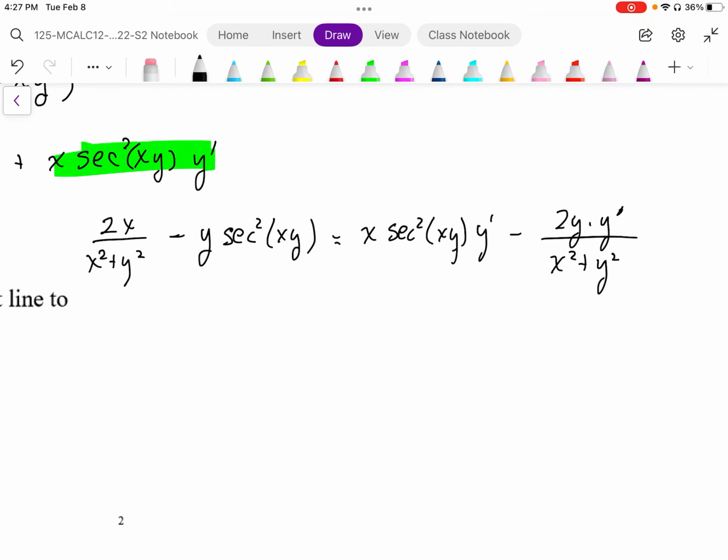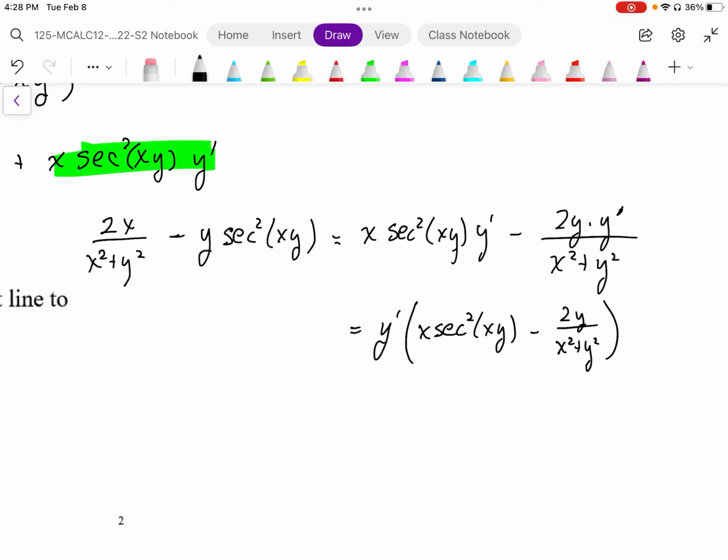So on the right-hand side here, I'm going to factor out my y prime. So I'm left with x secant squared xy minus 2y over x squared plus y squared.